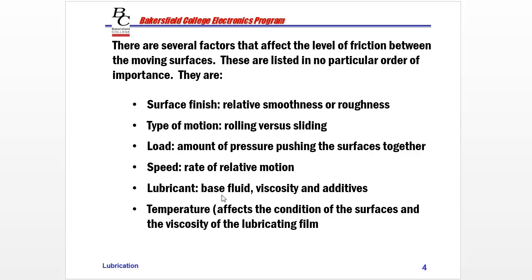Then the lubricant. Lubricant will definitely determine the friction. If we have no lubricant, then we have metal to metal contact, and we're going to have a lot of friction. We're going to heat up those parts, and the machine is going to fail prematurely, much sooner than it should. And we'll talk about the fluid, the viscosity, and the additives.